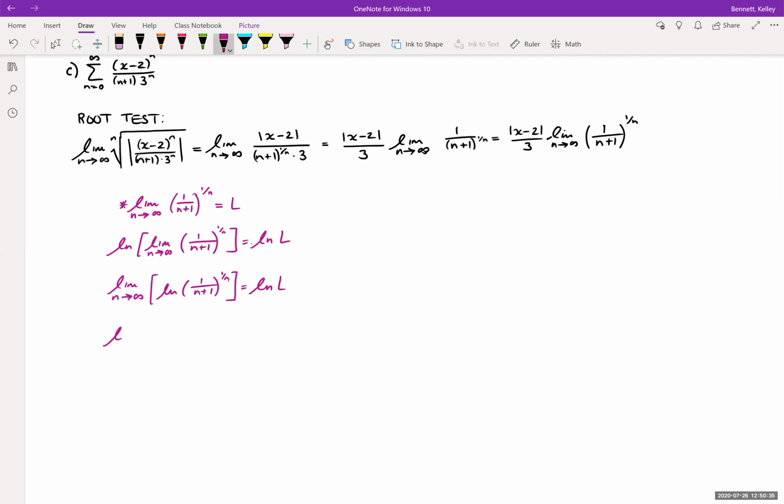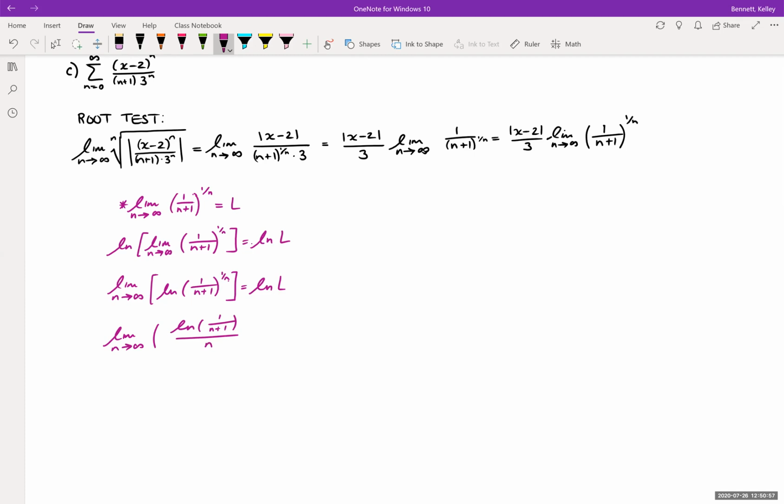So next step, the limit as n goes to infinity of 1 over n times the natural log. Actually, I'll just write this in one fell swoop. So this is going to be ln of (1 over n plus 1) over n.